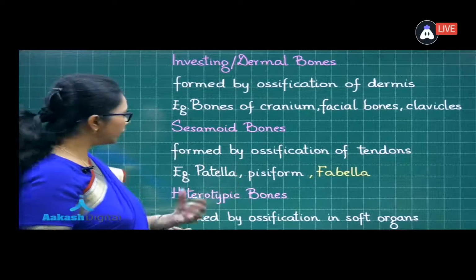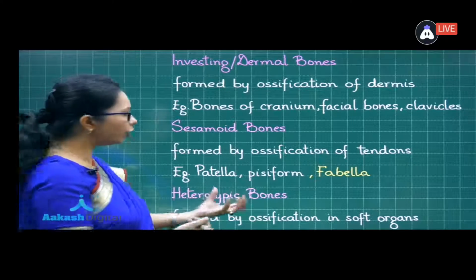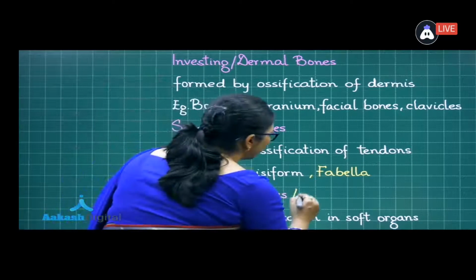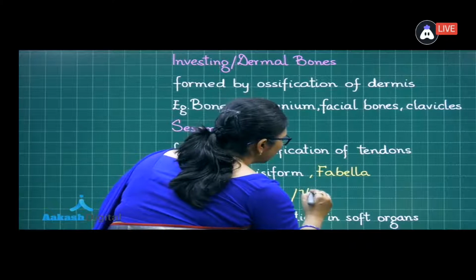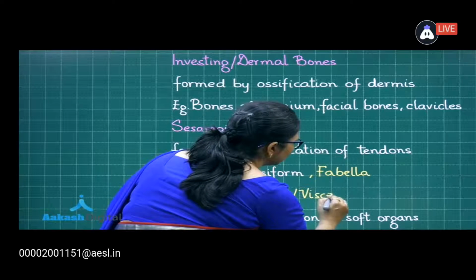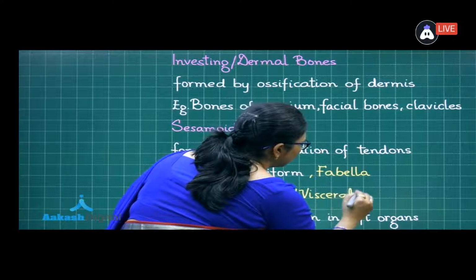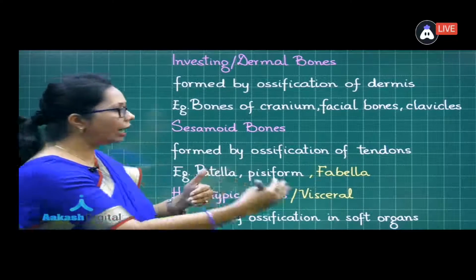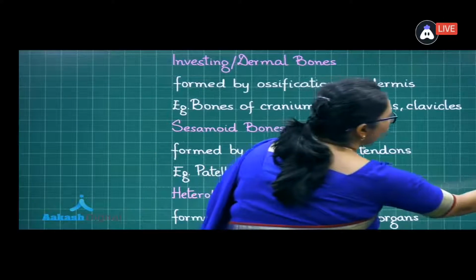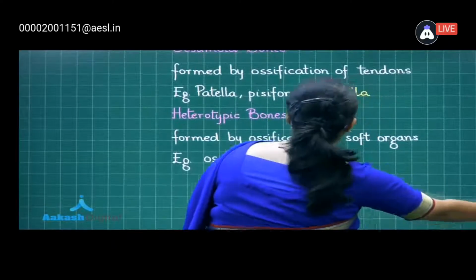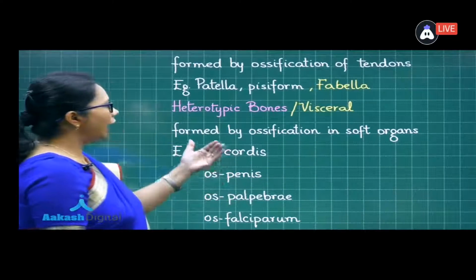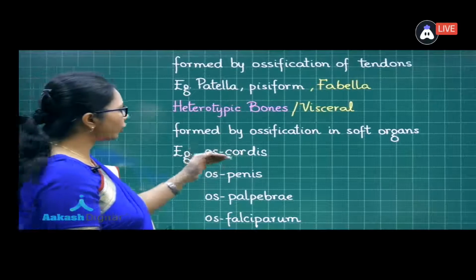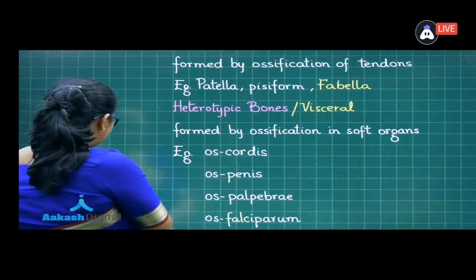And last but not the least, that is the heterotypic bones. We don't have them, but in other animals it is reported, and these are also called visceral bones. Now it is supposed that they may be part of a bone which has broken and reached to a soft organ, or they are formed by ossification in the soft organ. And here we have os cordis, as the name suggests, that is in the heart.